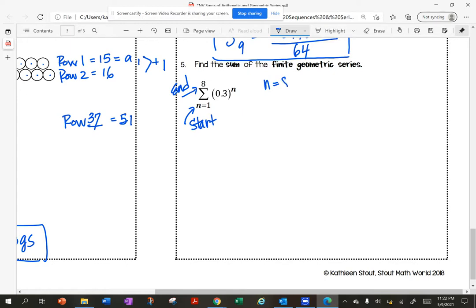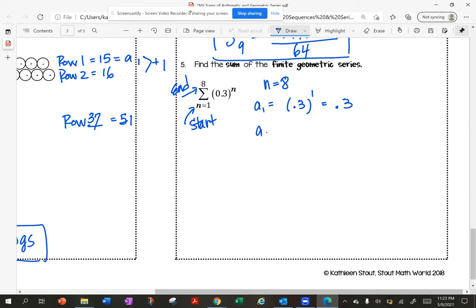So I know n equals 8. To find my first term, because I just need to know my first term, I need to know 2 terms to find the common ratio if I don't understand what the common ratio is looking at the problem. So my first term, if I substitute n as 1, is 0.3 raised to the first power. So that is just 0.3.